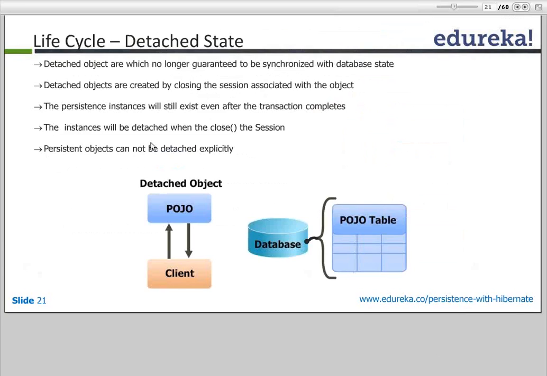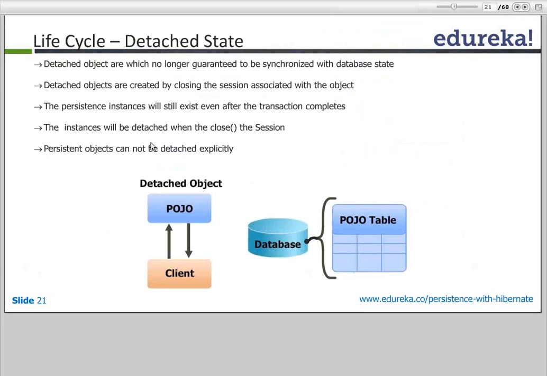So let's say that user registration has been persisted, and then there is a link on the UI that says edit profile, and once that edit profile is done, a request is received, and the user object changes its state.